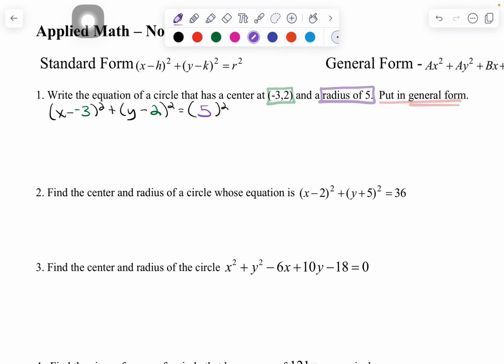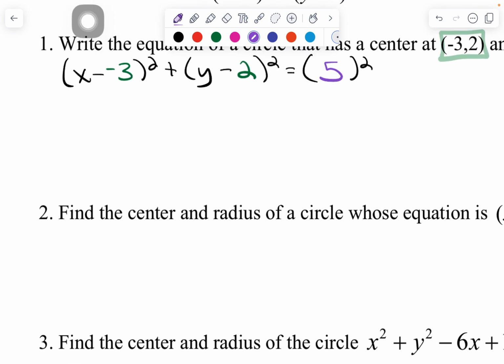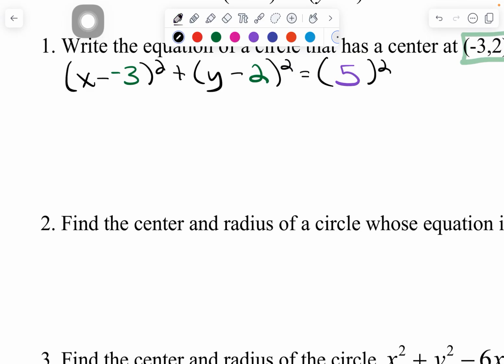Love that form, but because I said to put it in general form, I am going to zoom right in on this, and I am going to multiply this mess out. So x minus a -3 is actually x plus 3. And because we're squared, we're going to take it and multiply it times itself. And then y minus 2, again, we're going to multiply it times itself. And then 5 squared is 25.